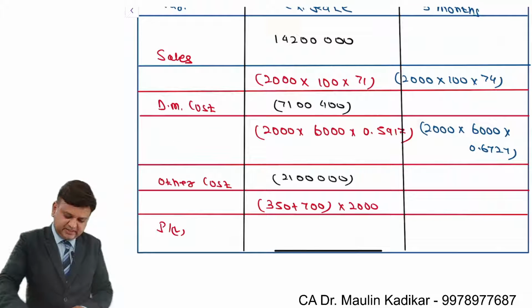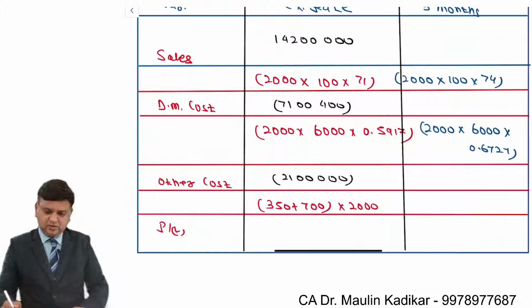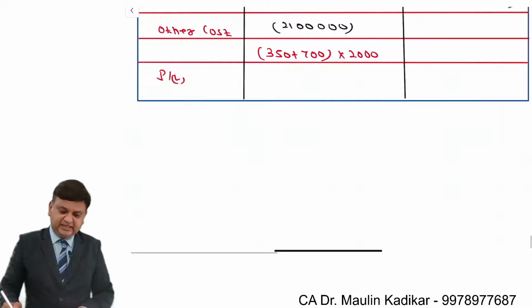So 21 lakh and 71 lakh 400 are deducted from 1 crore 42 lakhs. So there is a profit of 49 lakh 99,600.